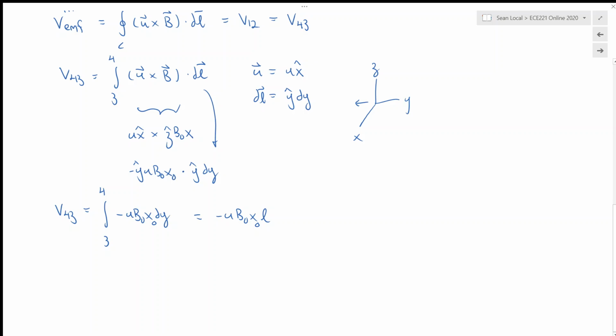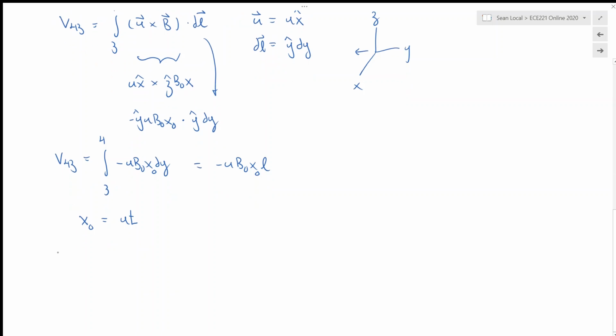Okay, so this is the resulting expression for V43. We can go one step further because we realize that the position x naught is related to the velocity of the bar through this simple function here. Because we know that the velocity is constant, the position is a linear function of time, and at time equals 0, x naught was 0 as stated in the problem.